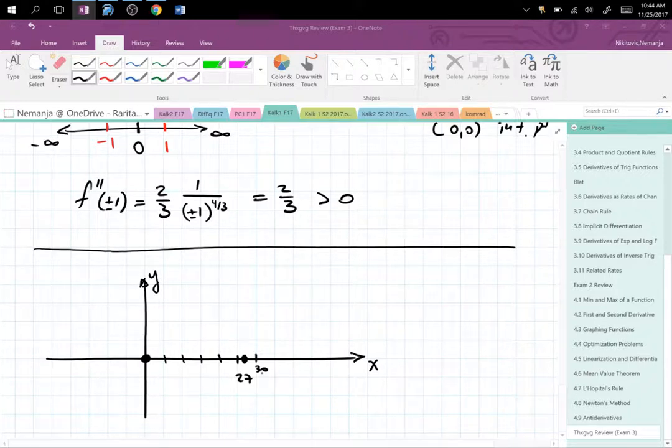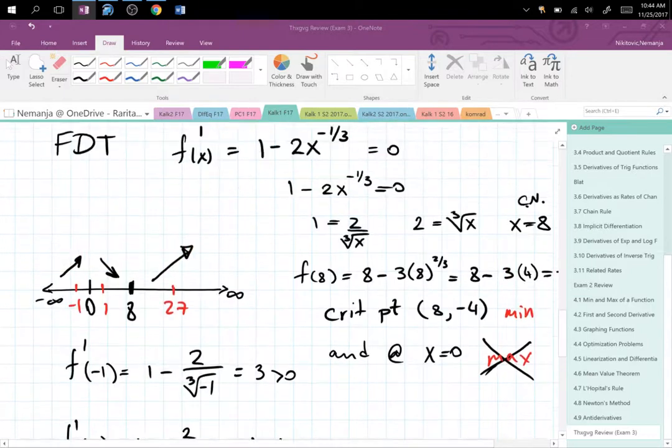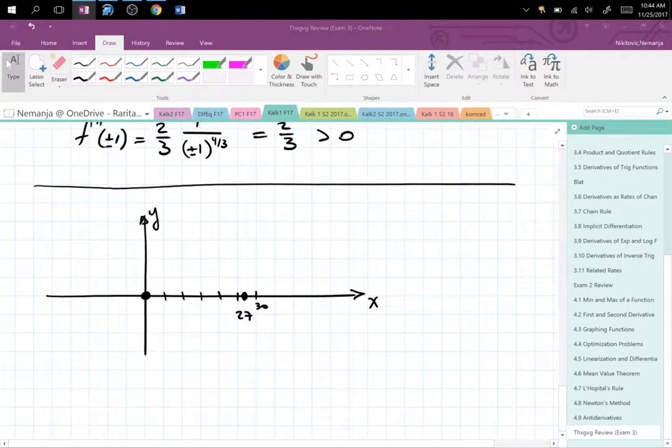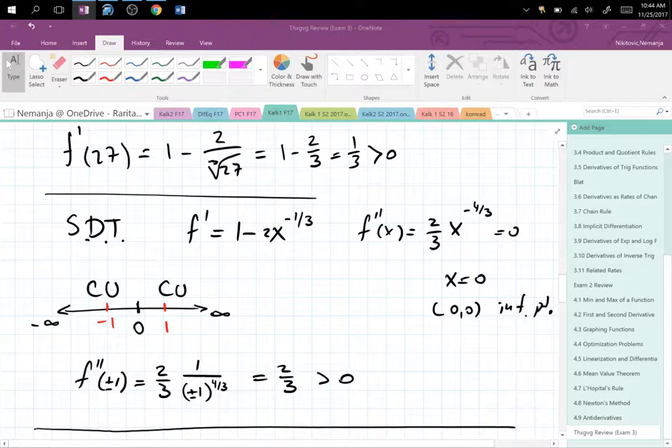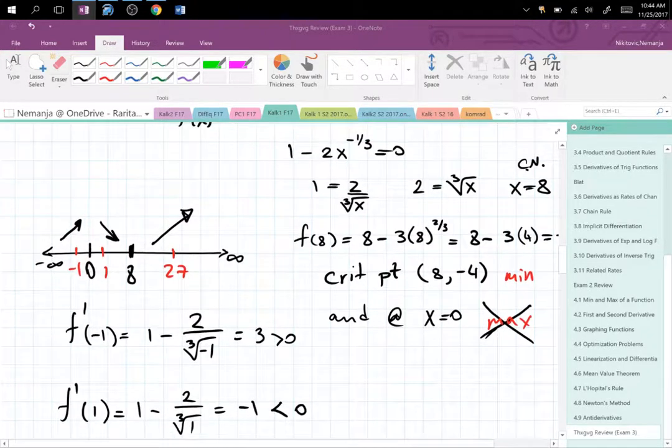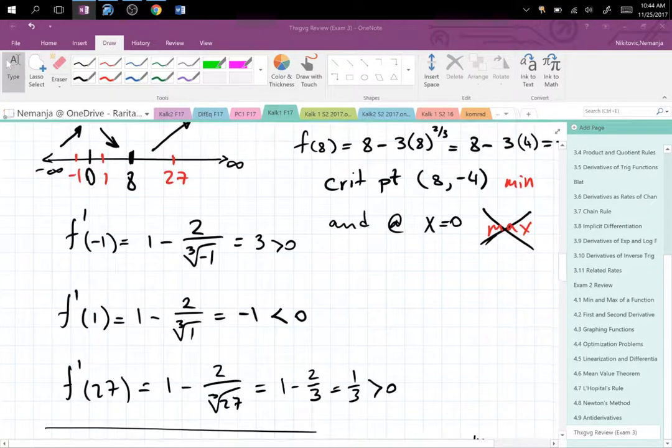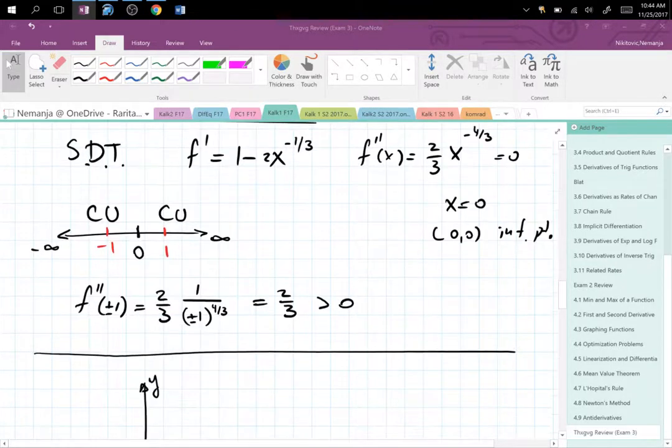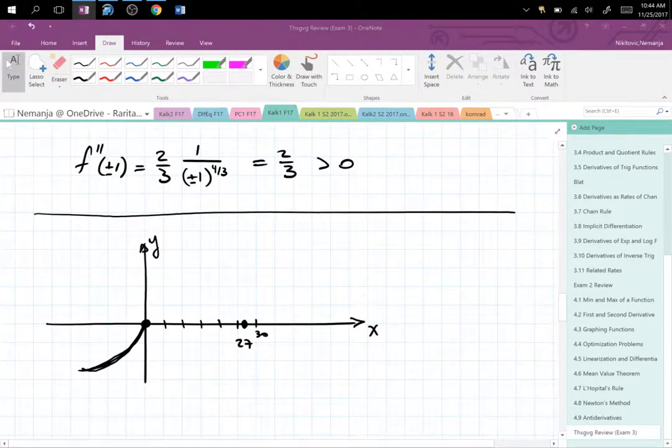Now, I have concave up and increasing. Concave up and increasing better look like this. Where's my maximum? 8, -4. What?